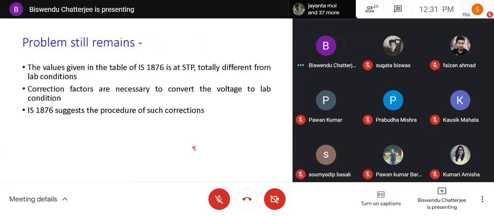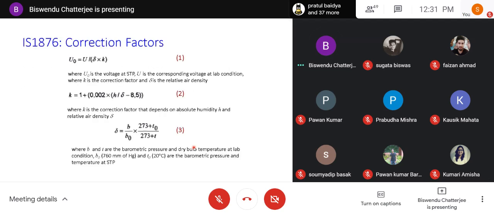Now, correction factors. Let us see the correction factors. Some formulas are given. This formula will not be asked in the examination. Don't be afraid. Just for your laboratory sake, if you search IS 1876 on the net, you will get all these formulas.